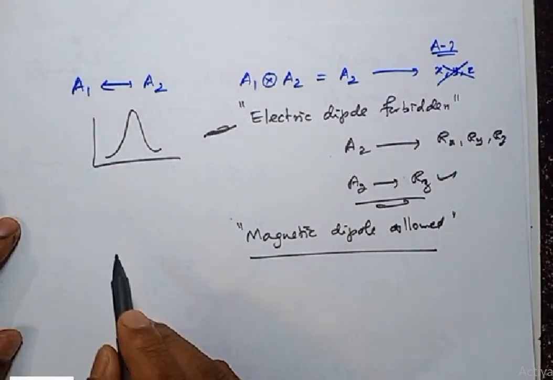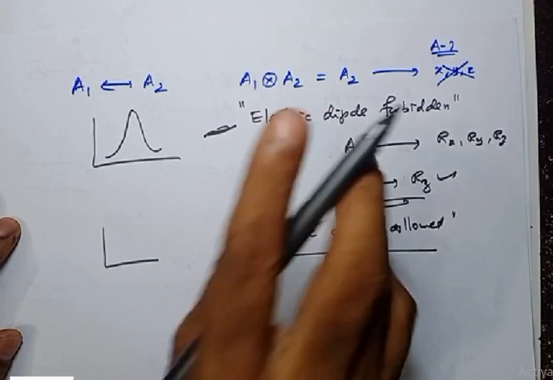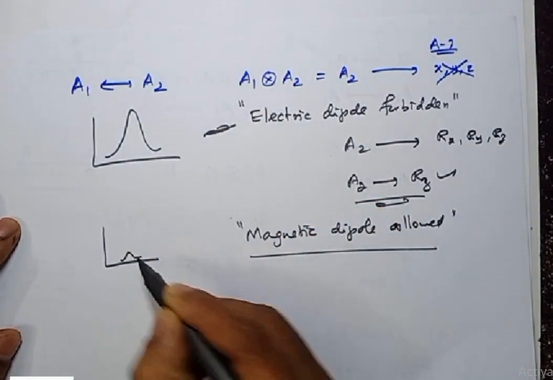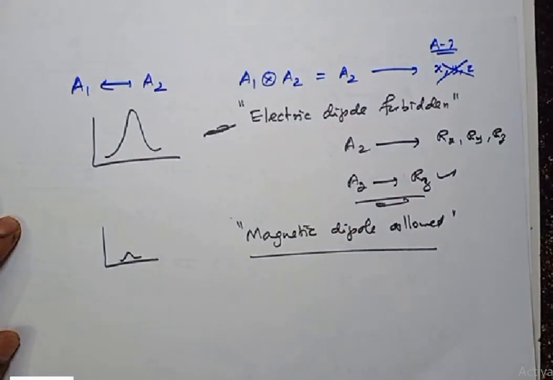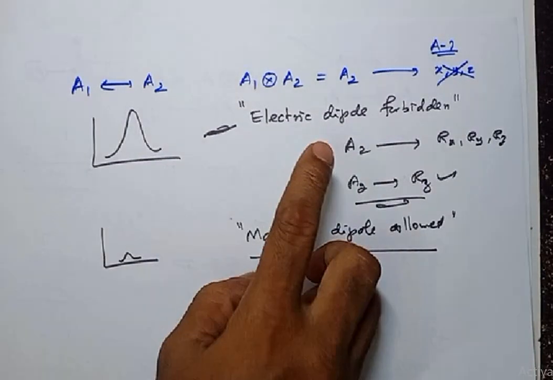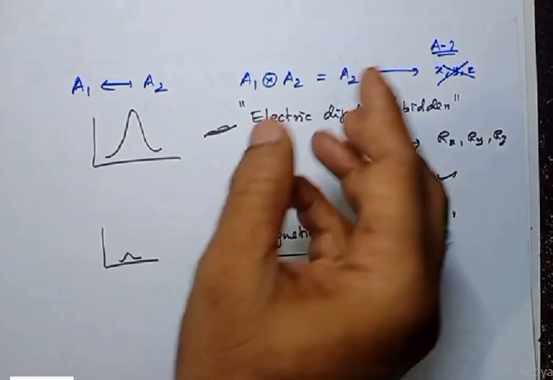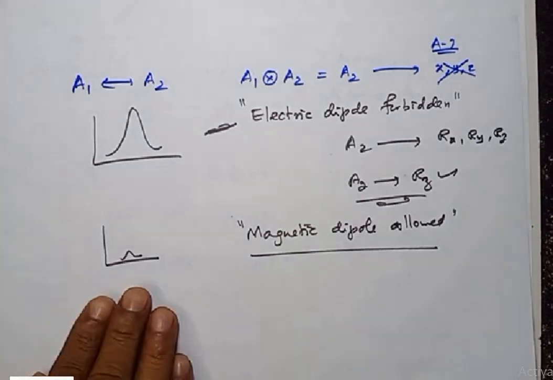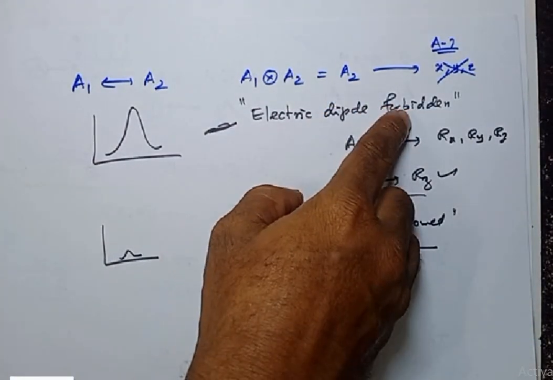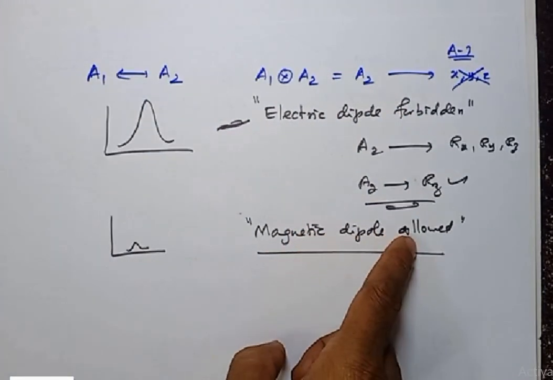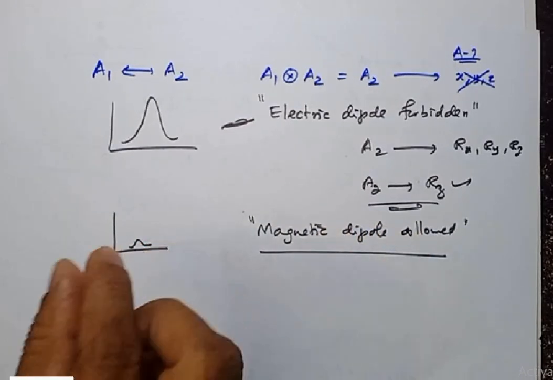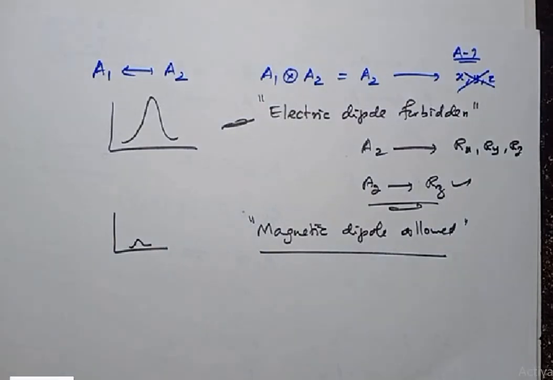If a transition is electric dipole forbidden but magnetically allowed, you will get a low intensity signal. In our case, the transition is electric dipole forbidden but magnetic dipole allowed. Magnetic dipole allowed means you will get a signal with a small intensity or lesser intensity. Okay, take down. Is this clear to all?